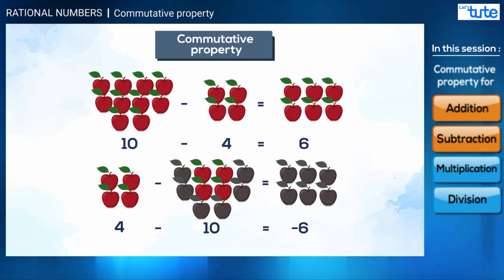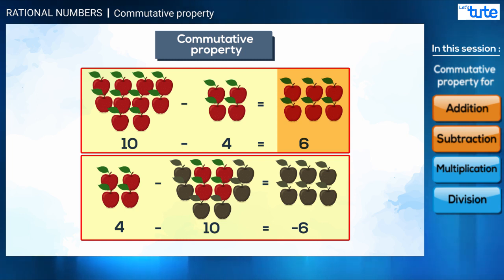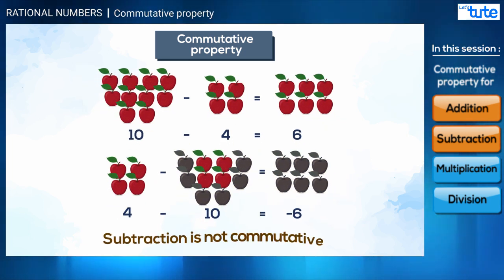So we can see in the first situation you are actually left with 6 apples, but here you are short of 6 apples. Both the situations are not the same. Hence we can say subtraction is not commutative, because when we reverse the order of numbers we don't get the same answer.